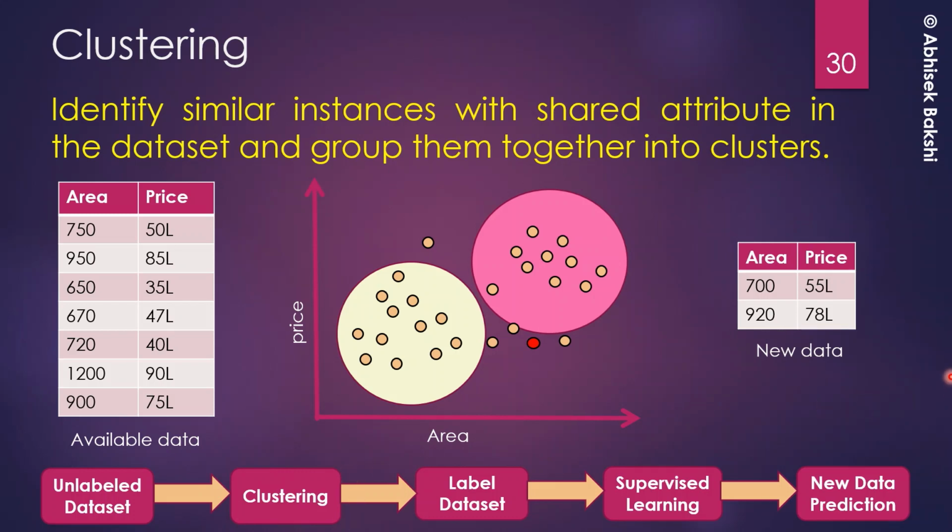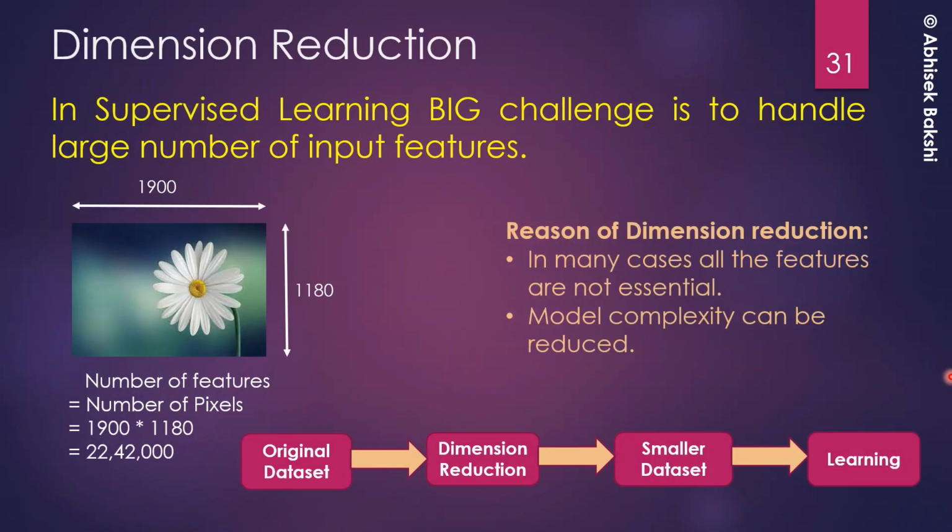Now, briefly, if we talk about dimension reduction, in supervised learning there is a very big challenge in handling a large number of input features, as I told you. For example, if you have a picture that is 1900 by 1180, this is the number of pixels along the x and y axes. So the total number of pixels will be in lakhs.